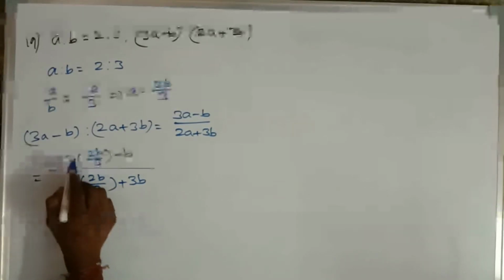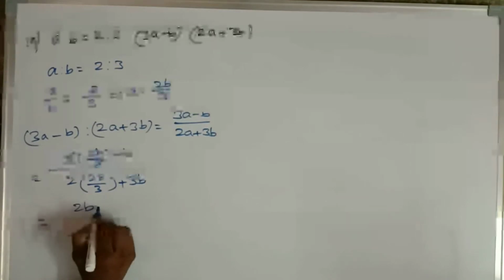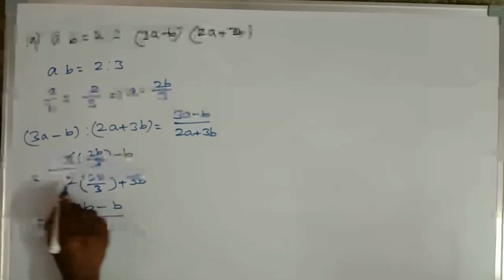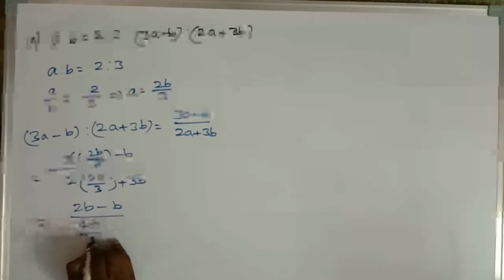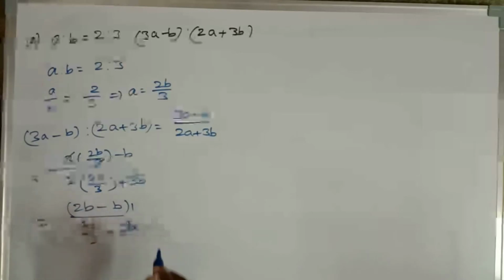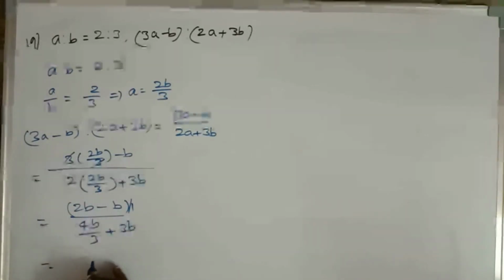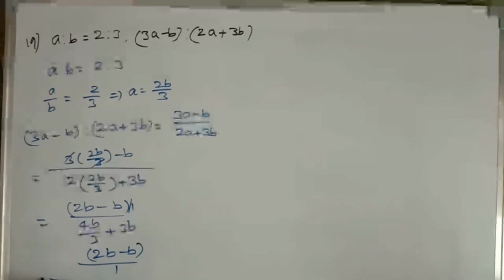Now here 3 will be cancelled. So 2B minus B by 4B by 3 plus 3B. So indirectly it is by 1. Okay. So that's equal to 2B minus B by 1 total divided by, do the LCM here, 4B minus 9B by 3.